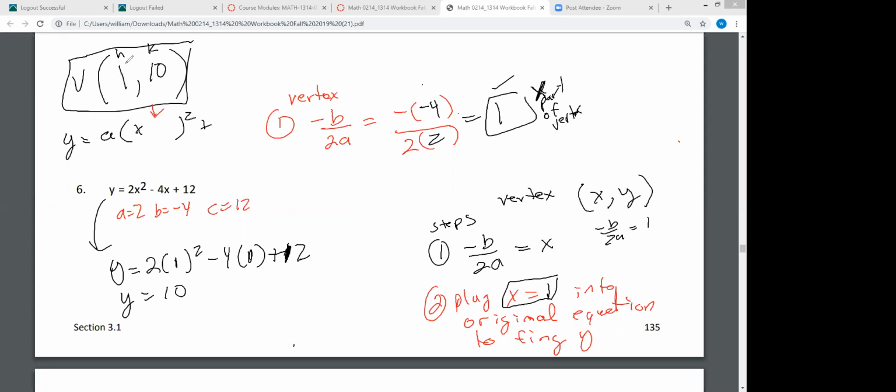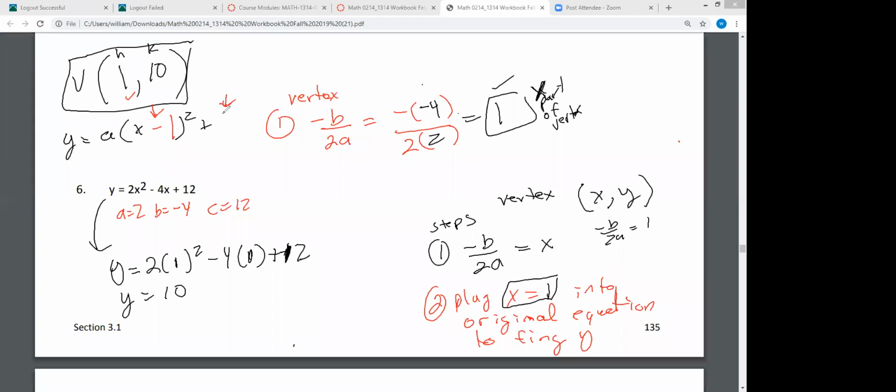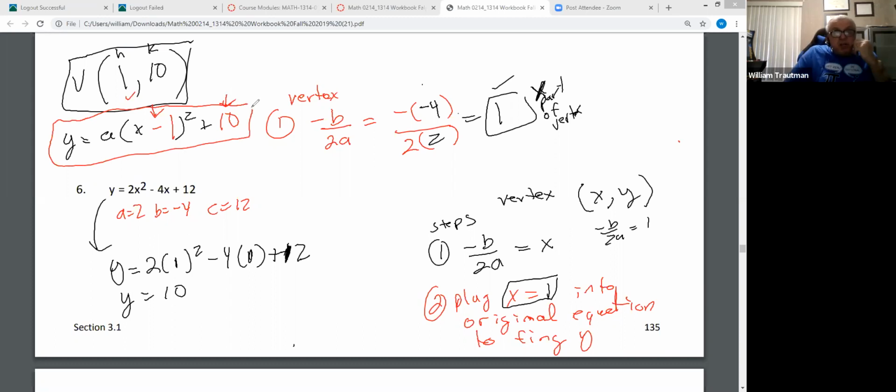Yes, the opposite sign that's on the vertex, negative 1. What number do I put right here? 10. Positive 10. A plus 10. And that's my vertex form. So when you put it in vertex form, it's always going to be the opposite sign for the x and then the same sign for the y. That's it.